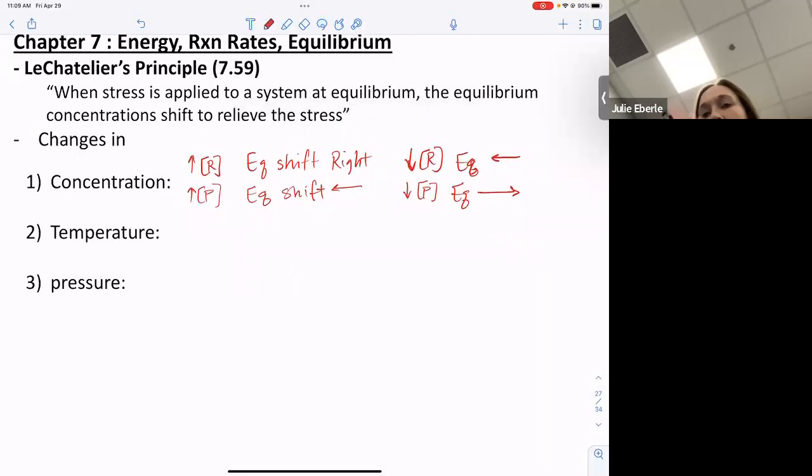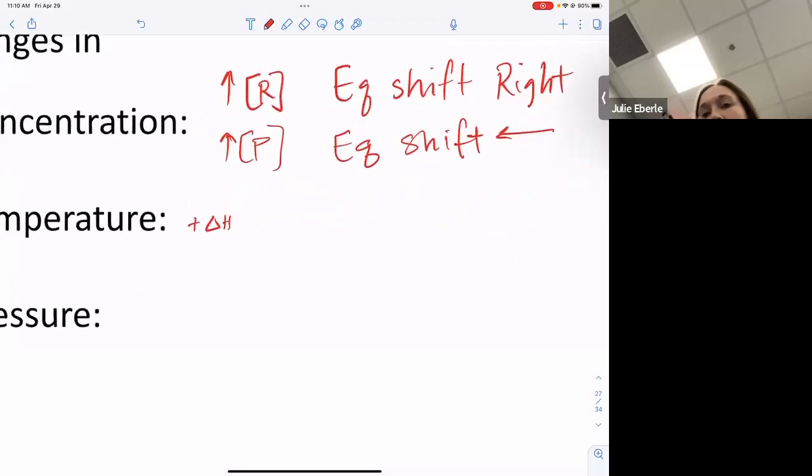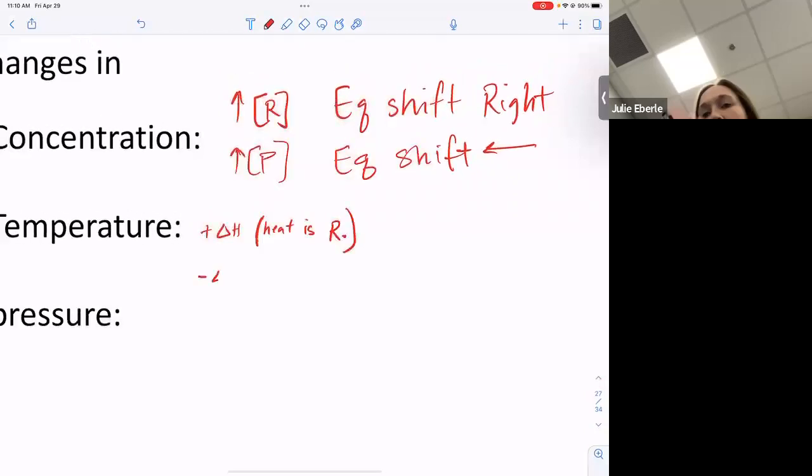Okay, what happens with changes in temperature? It depends if your reaction is endothermic or exothermic. Okay, if it's endothermic, meaning positive delta H, do we consider heat to be a reactant or a product? Positive delta H means heat is a reactant. I'm just going to put R for reactant. So a negative delta H means heat is a product.